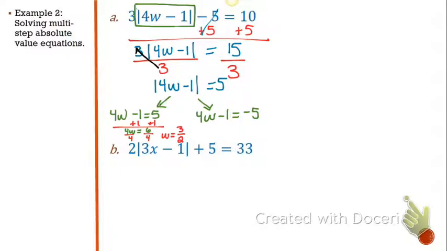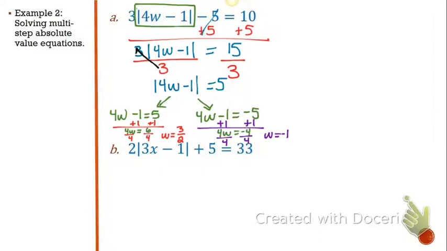Okay? Now let's do the same thing over here. So plus 1 on both sides, opposite signs, we subtract and keep the sign of the largest number. So 4W equals negative 4. Divide by 4 on both sides. And we get W equals negative 1.